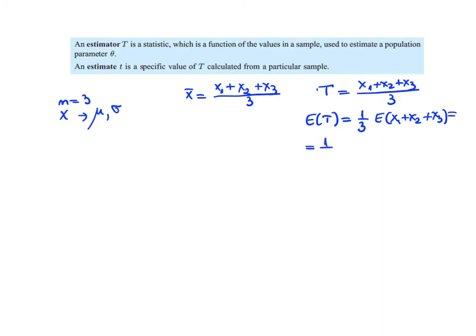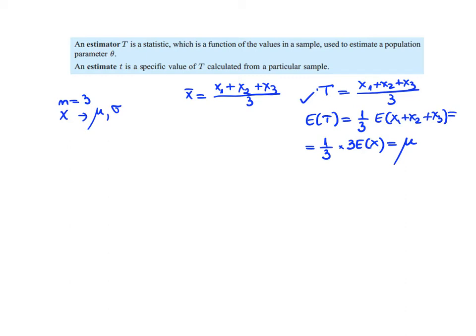And I know that this operator is linear and distributes, so I get 3 times the expected value of x. So it's 1/3 times 3 mu, so it's mu. It's exactly the same as the mean of the population. Therefore, my estimator does a good job. It's a good estimator. We call it unbiased.